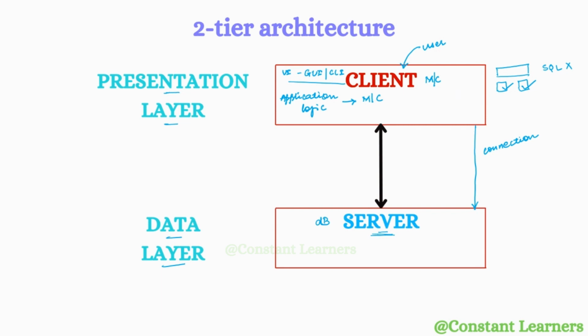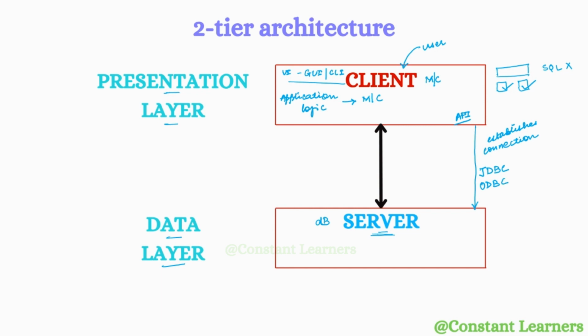So this client machine has an API, that is application program interface. This API establishes the connection with the database server through JDBC, that is Java Database Connectivity, and ODBC, that is Open Database Connectivity.